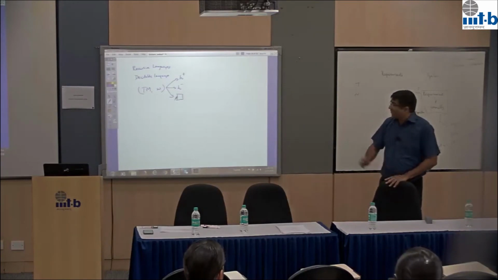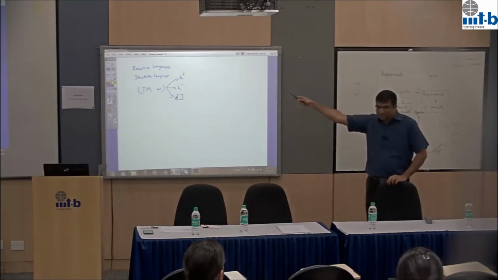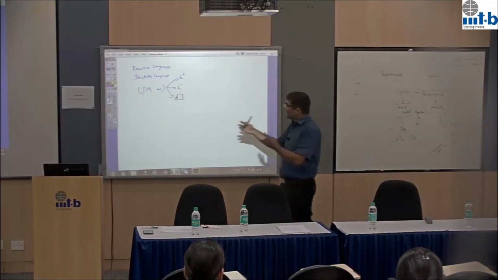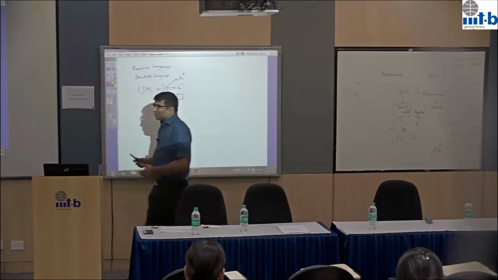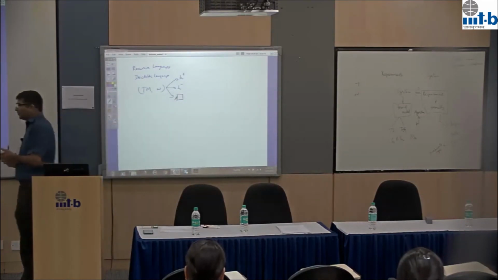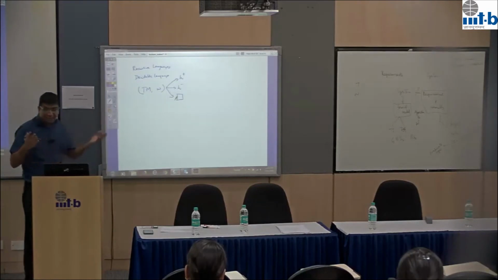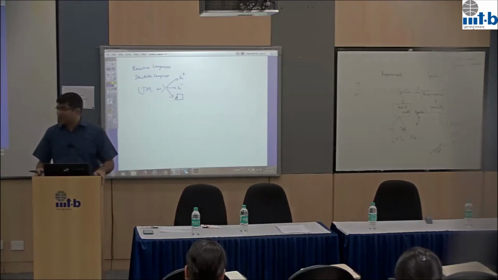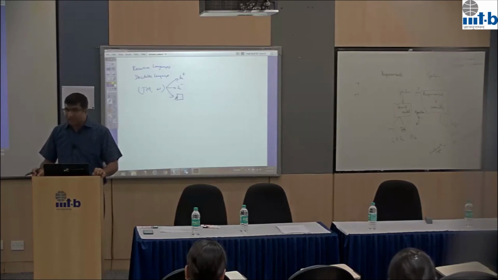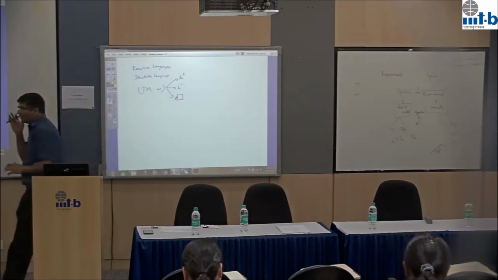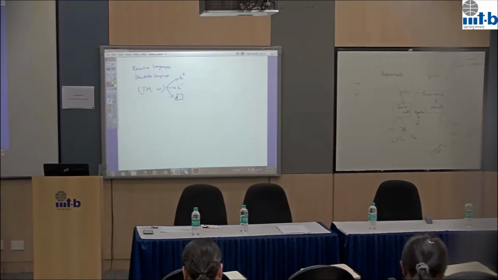People have asked, can we write a Turing machine to determine whether a Turing machine will stop or not? Can we write an algorithm to determine whether an algorithm will stop or not? We'll come to that in a while. So there are three possible things you can get from a Turing machine: it can halt and say yes, it can halt and say no, or it may never halt.